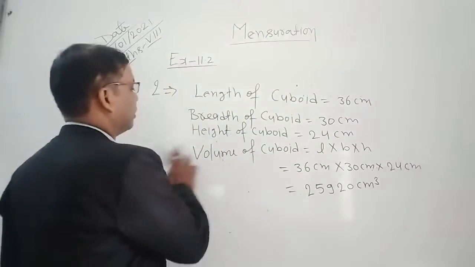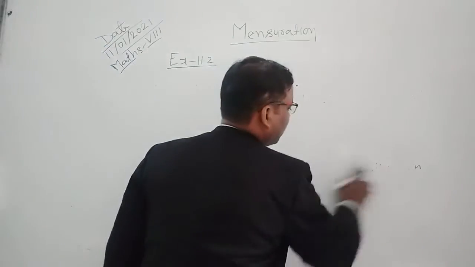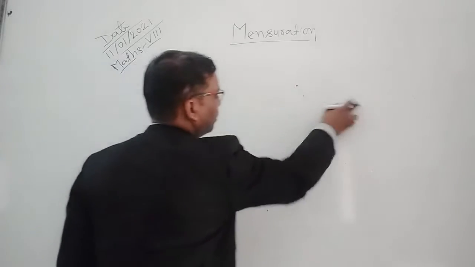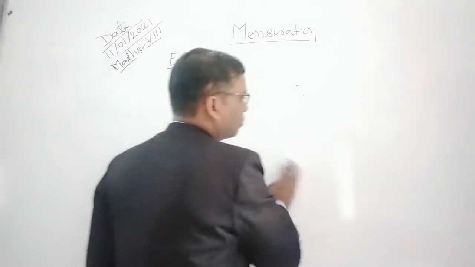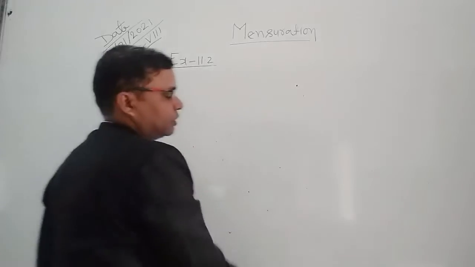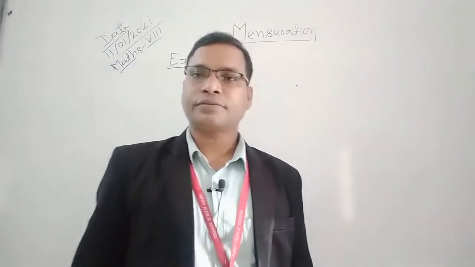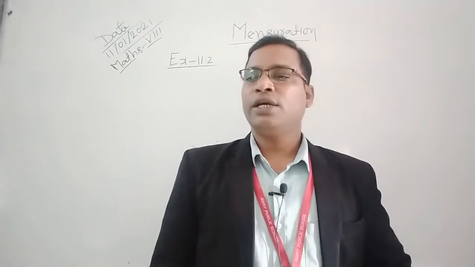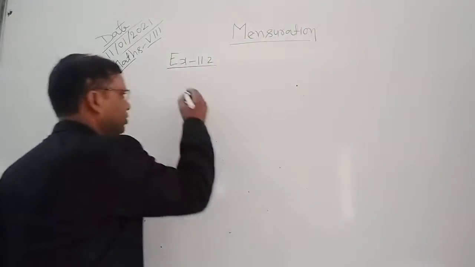Okay, now the next question is question number 3. In this question, the dimension of the cuboid is given here, and the side of the cube is also given here. You need to find the number of cubes that can be placed in this cuboid. Okay, so the dimension of the cuboid is given here, 60 into 54 into 30. So you write here, question number 3.